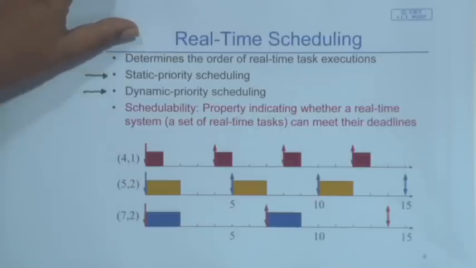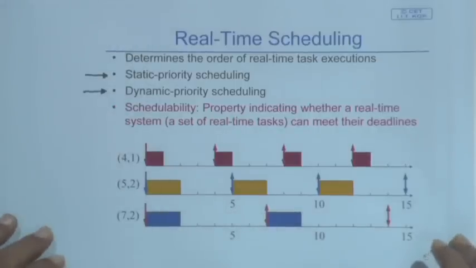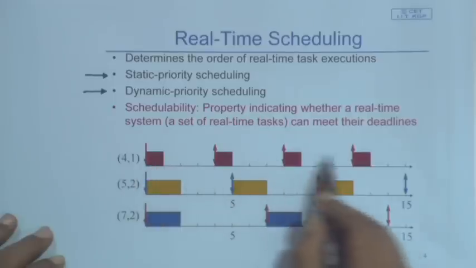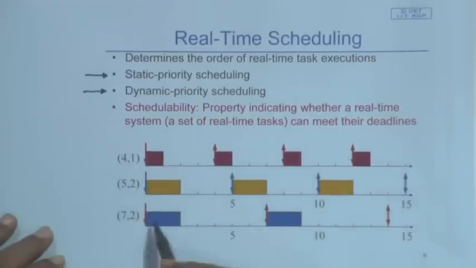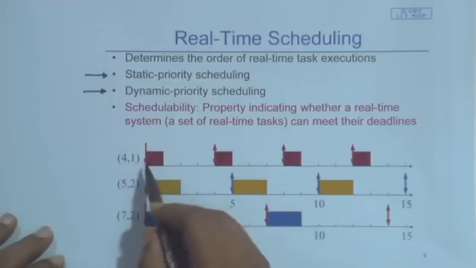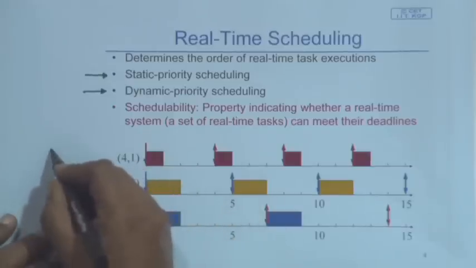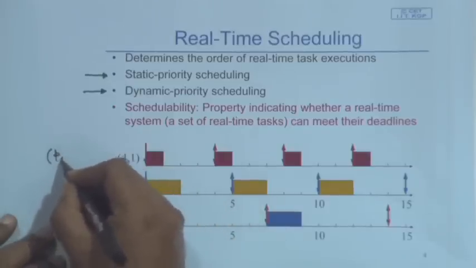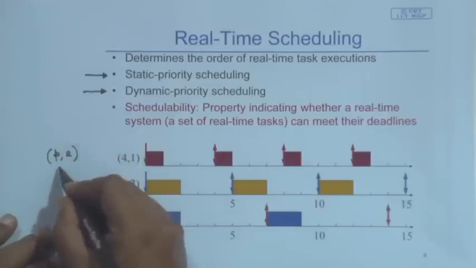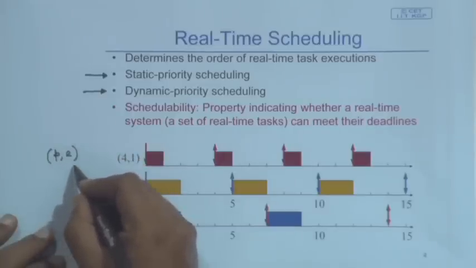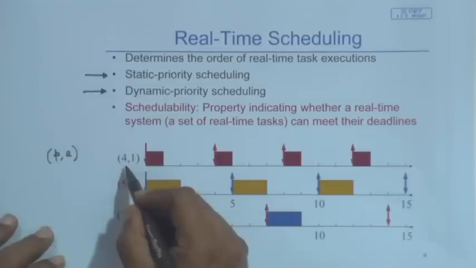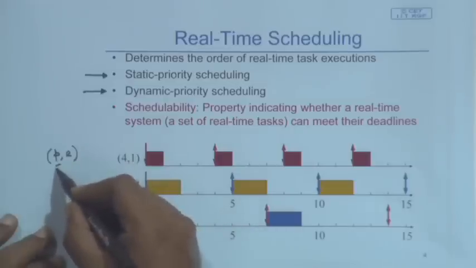Okay. So, here we are showing a 3 task scenario, and let us try to understand this diagram. This is task 1, this is task 2 and this is task 3. Task 1, as we can see, has an execution time of 1. Each of these tasks is denoted as P comma E, where P is the period and E is the execution time.